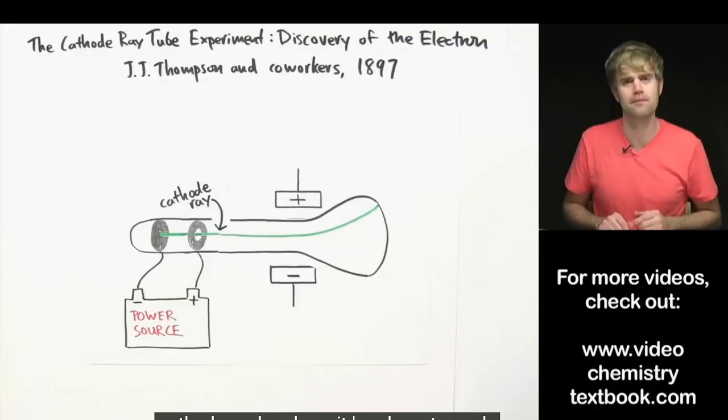So I'd like you guys to think, this is being affected by the positive charge here and the negative charge here. Discuss with your neighbor what charge you think this green ray is. Is it positive or is it negative? What charge is that green ray?